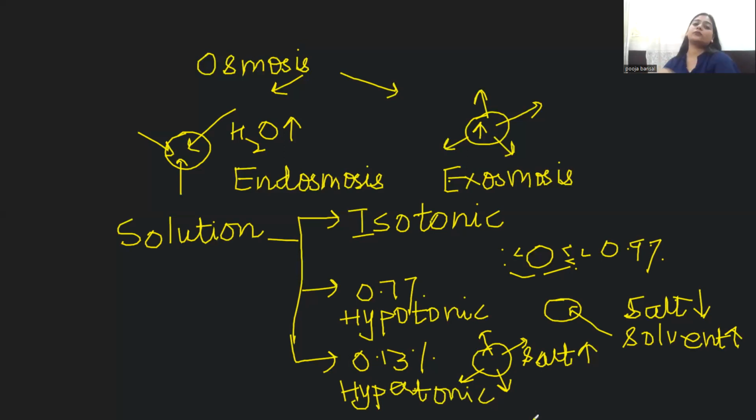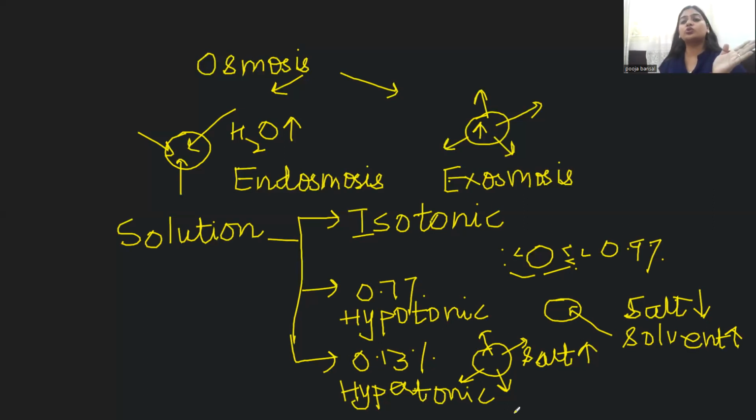So, three types of solutions: isotonic, hypotonic, hypertonic, and in all three cases, our cell is behaving differently. Isotonic, no exchange of solvent will happen here. Hypotonic, yes, because the salt concentration is less, solvent is very high, so it will go inside the cell.